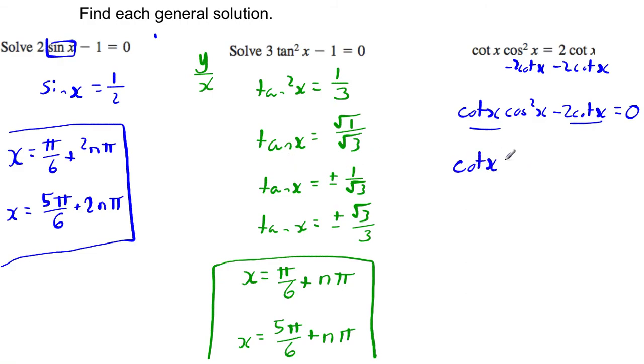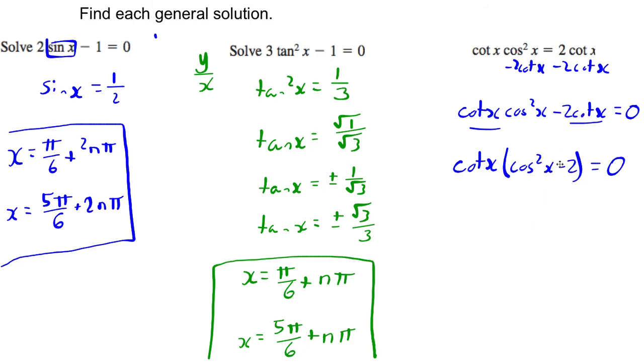So we get cotangent of x times cosine squared of x minus 2 is equal to 0. Oh, sorry, I factored out a 2: cotangent of x divided by cotangent of x, we get the 2 from that 2 there.